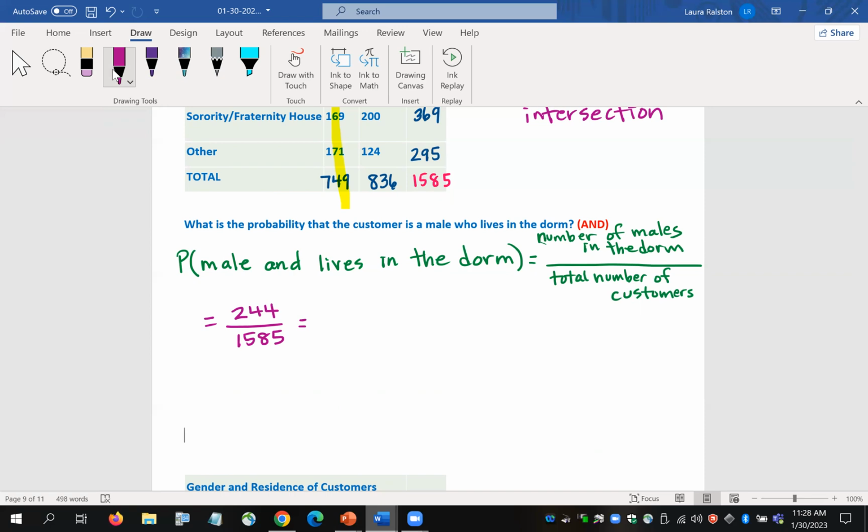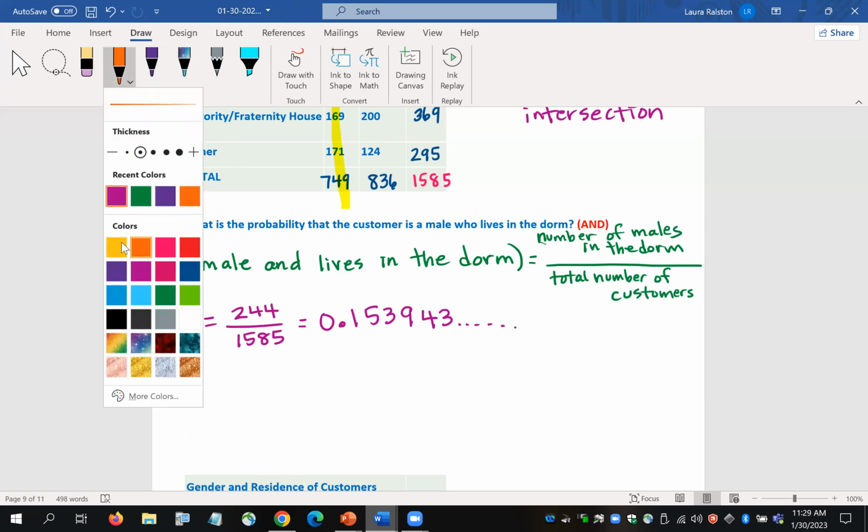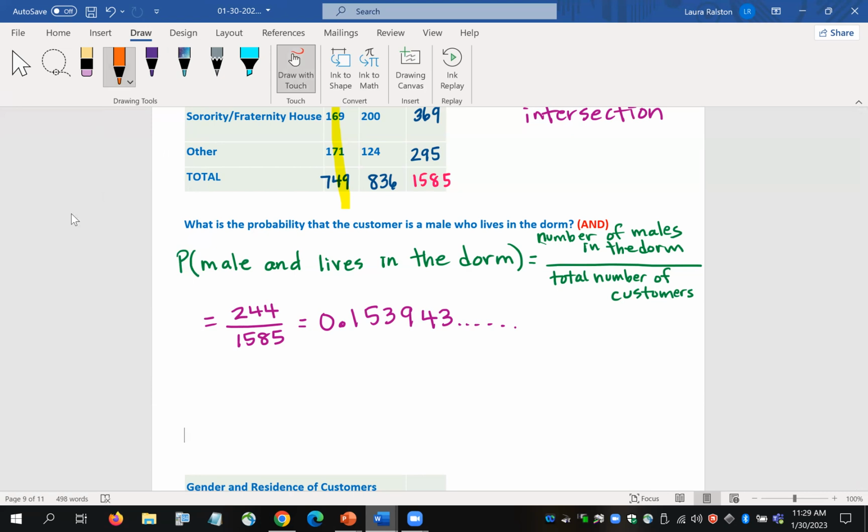So again, to convert it to decimals, 244, the top number, divided by 1585, the bottom number, we get 0.153943, and so forth. Again, you are asked to round to 3 decimal places. There is a 3 in the third decimal place.